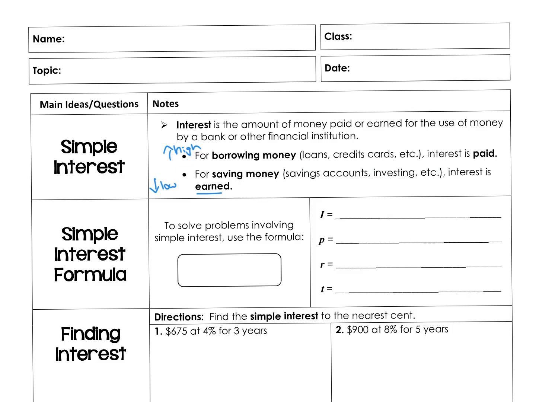So they pay you interest for allowing them to loan your money out, and then they charge interest from the other person for using your money, and they keep some of that percentage and pay you some of that percentage. So interest can be good and it can be bad, and you want to make sure you're always paying attention to your interest rates.